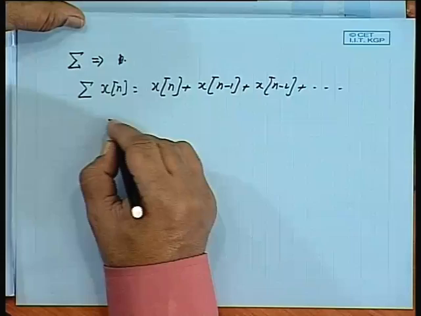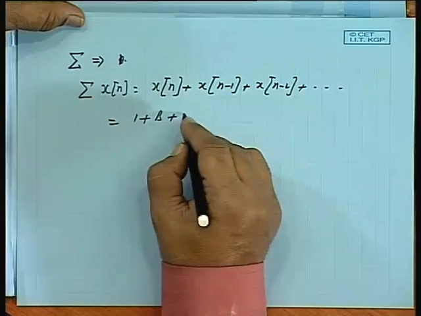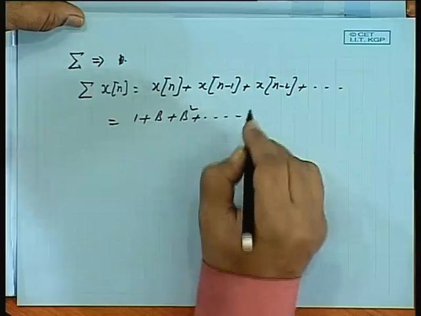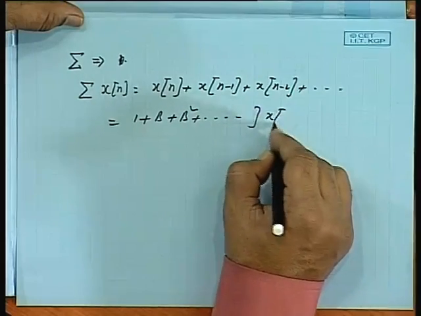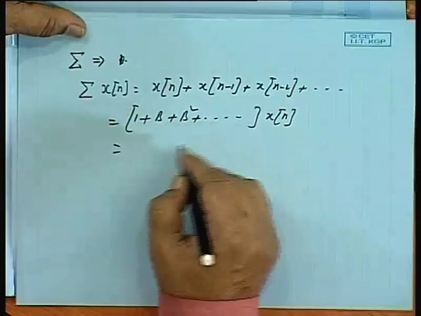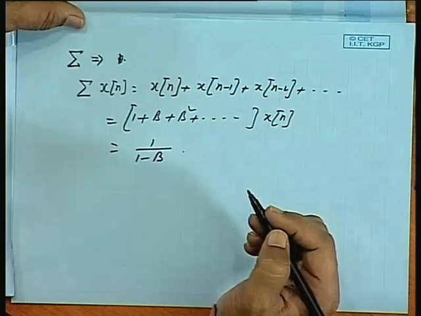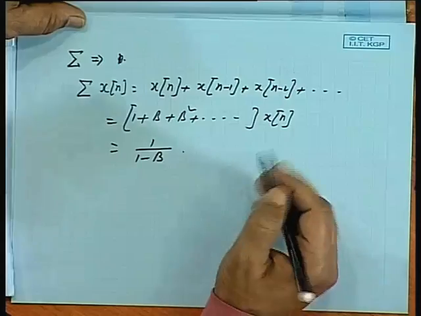So, this is 1 plus b plus b squared, an infinite sequence, and this is a GP series. You can write this as 1 by 1 minus b, okay.